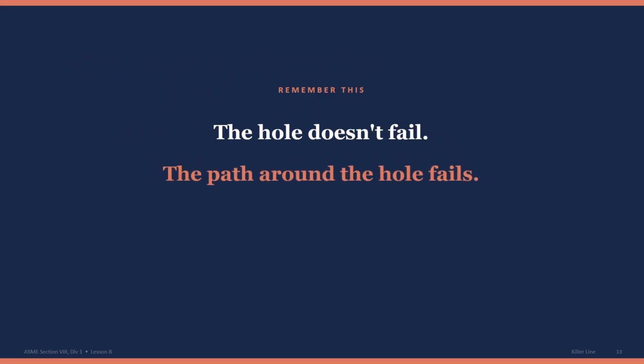So, here are the four sentences I want you to walk out of lesson 8 with. The hole doesn't fail. The path around the hole fails. UG-37 says replace at the hole what you removed at the hole.